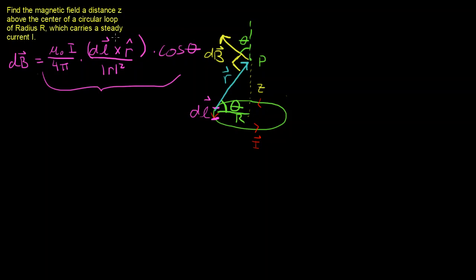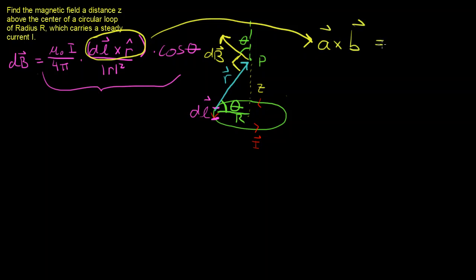So I'll circle this again and bring it over here. We also need to think of the definition of cross product. If you recall, A cross B, where A and B are vectors, is equal to the magnitude of A times the magnitude of B times the sine of the angle between them.